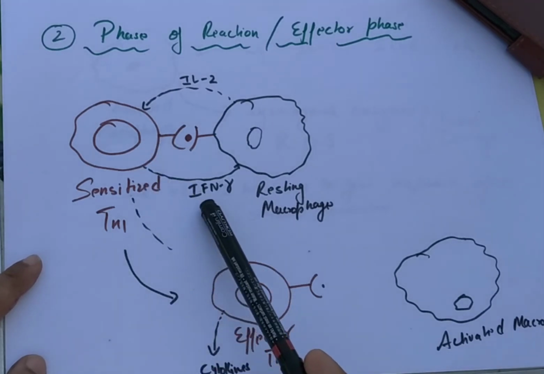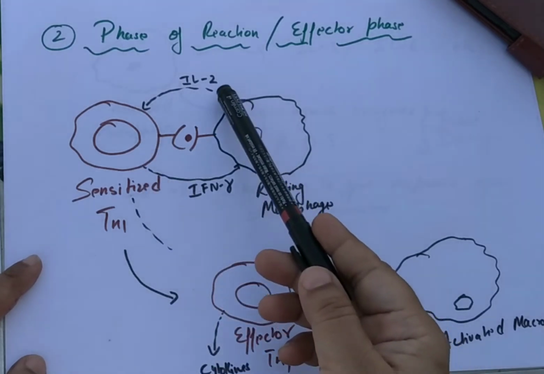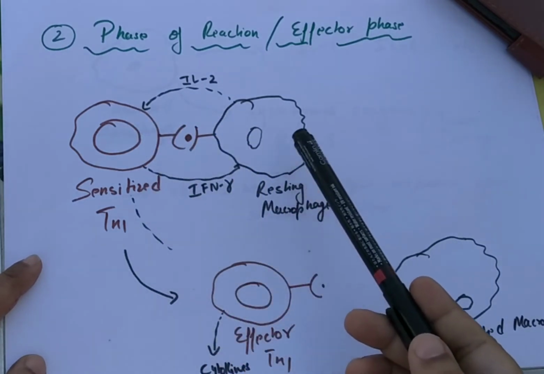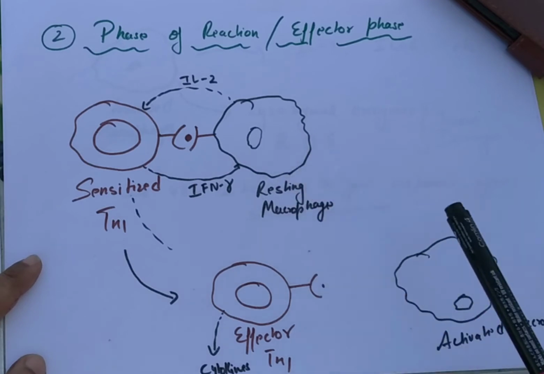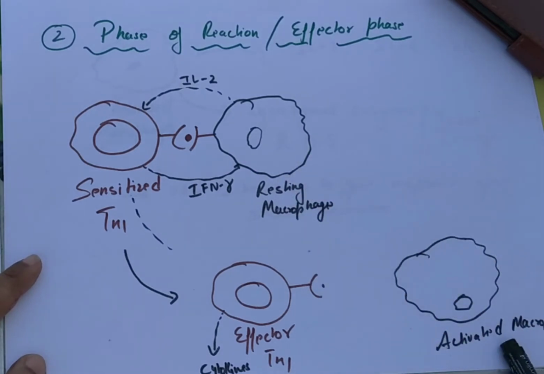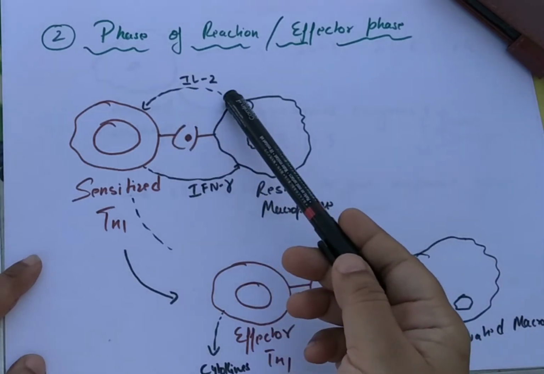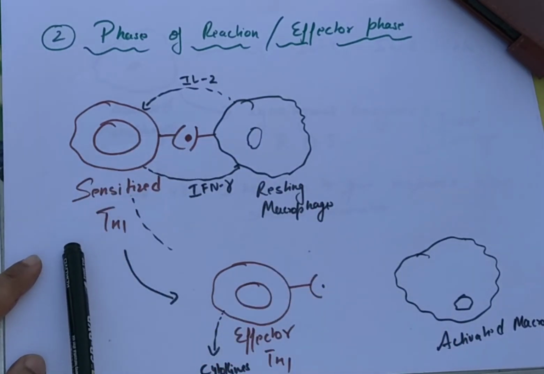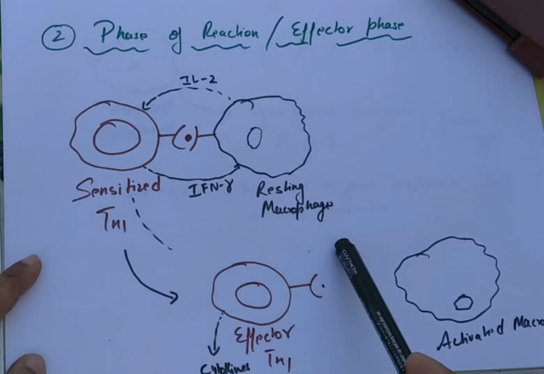Th cells secrete interferon gamma and interleukin 2. Interferon gamma activates the resting macrophages, and they become activated macrophages. Interleukin 2 activates the sensitized Th1, which becomes an effector cell and secretes different types of cytokines. In this way, both cells, macrophages and Th cells, become activated.